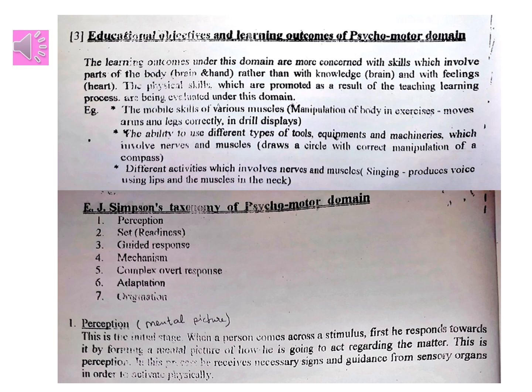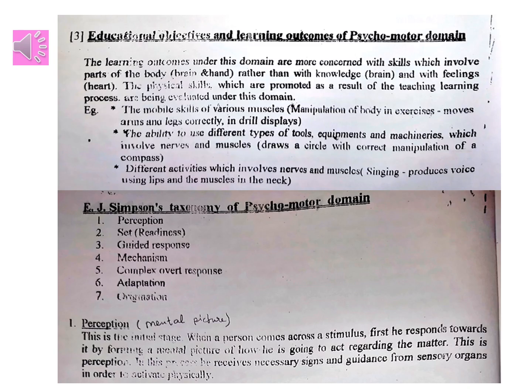So, how would you interpret this? According to E.J. Simpson, there are 7 steps one should follow in order to develop a particular skill. E.J. Simpson says that one should follow 7 steps in order to master a particular skill.